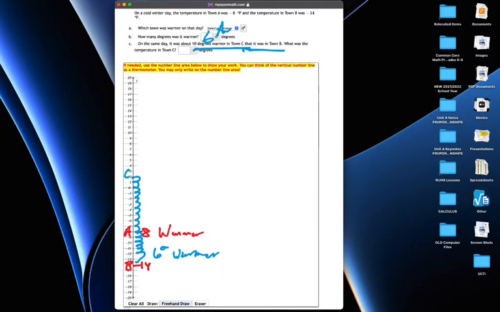Right there is town C, 10 degrees warmer. And so town C would be at 2 degrees.